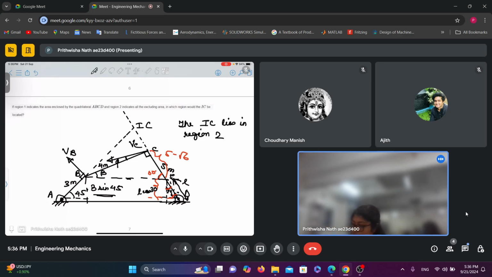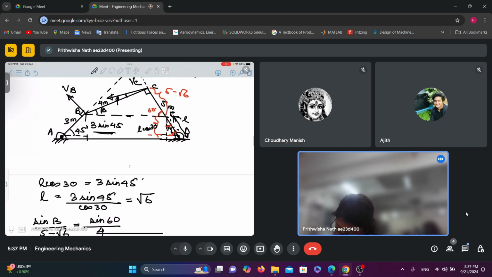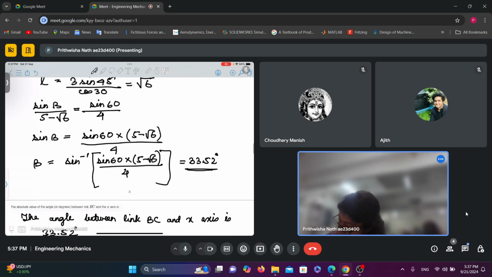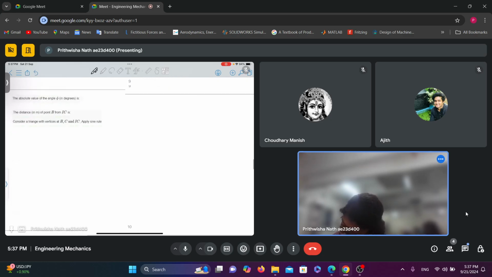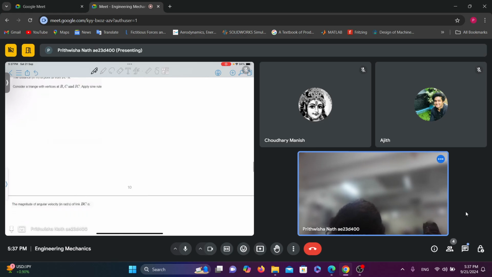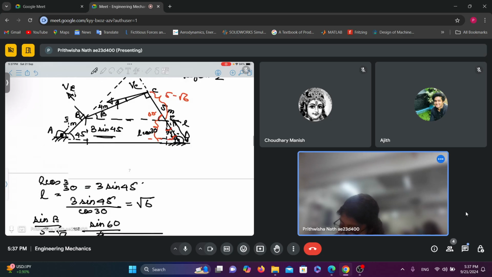Yeah, more than 3 degrees, slightly more than 3 degrees. Yeah. So I know beta, I know this angle at CEB is 60 degrees. So I can calculate the angle ECB, right? So the angle ECB is 180 minus of 60 plus beta, right?